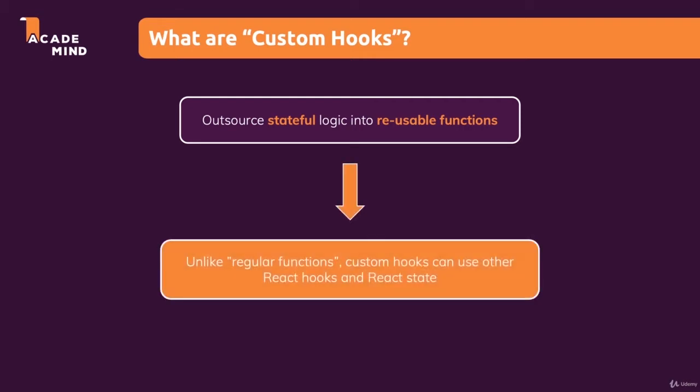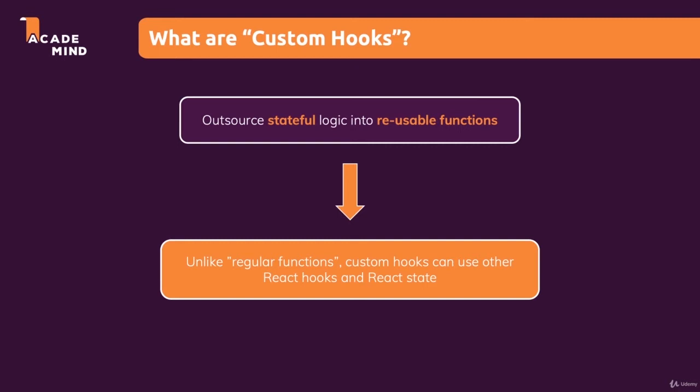Unlike regular functions, custom hooks can use other React hooks, including other custom hooks, and they can therefore also leverage React state managed with useState or useReducer. They can access useEffect and so on.